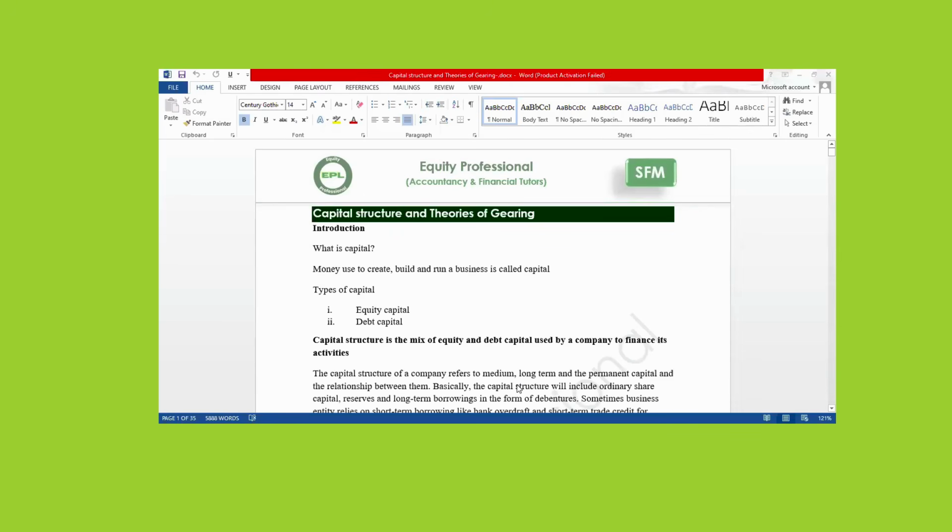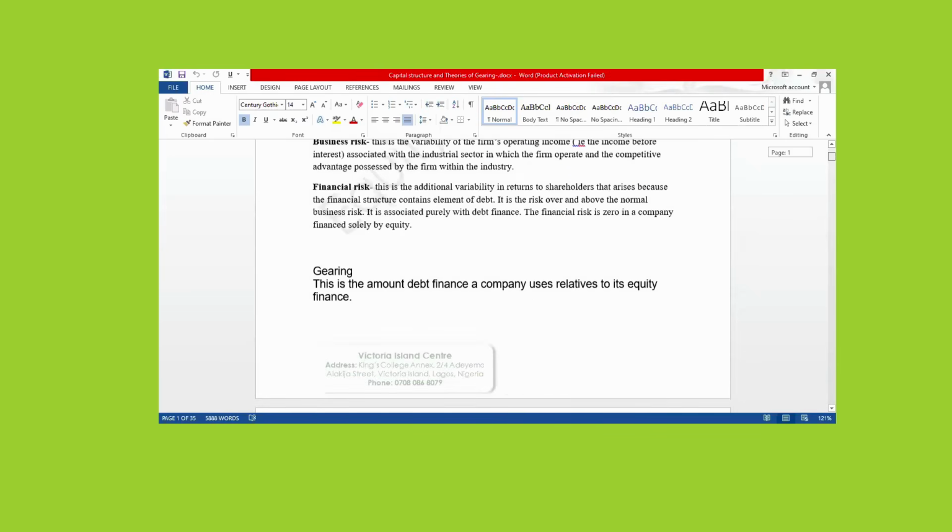We discussed this last week. We look at the factors that determine a company's capital structure. We discuss risk, business risk, financial risk.